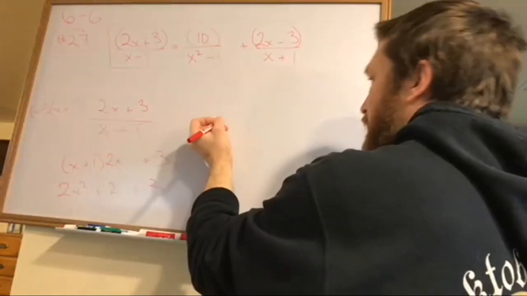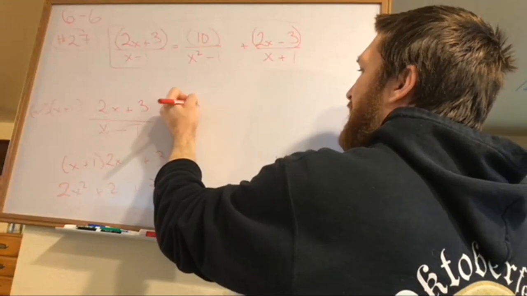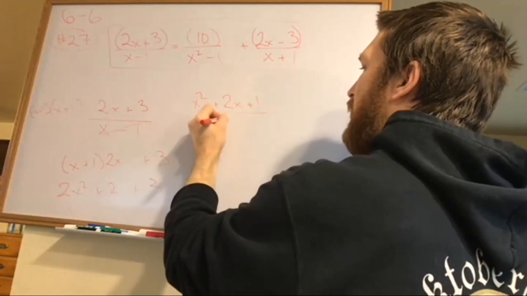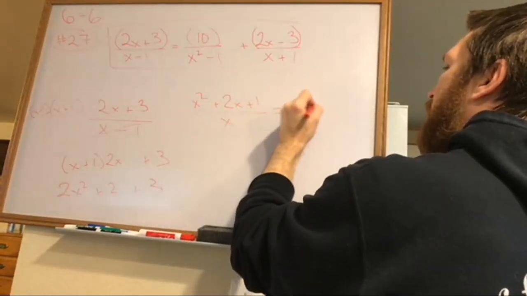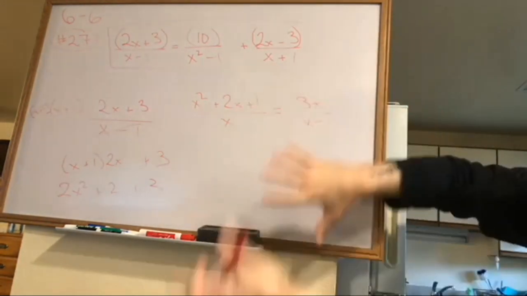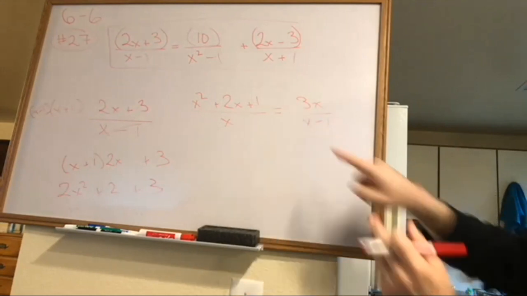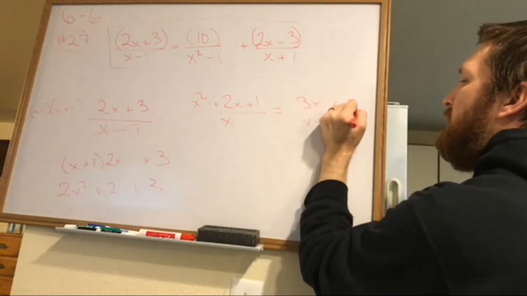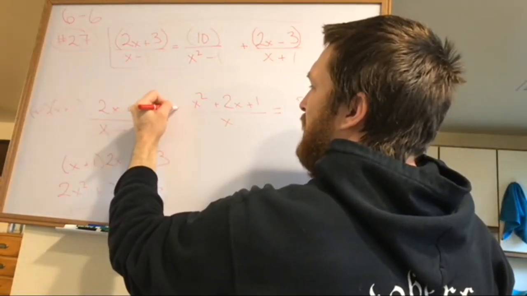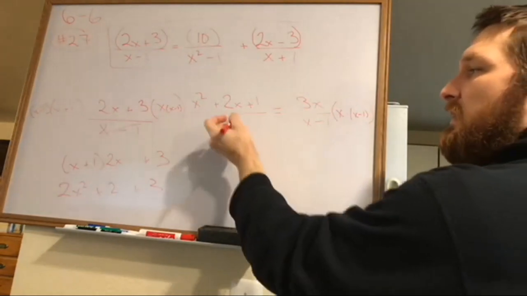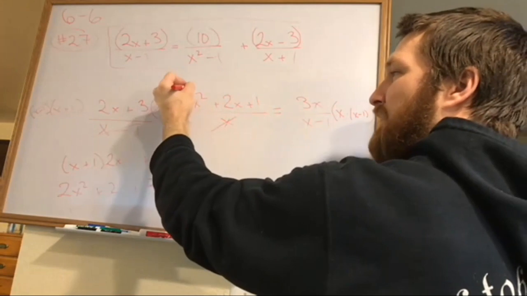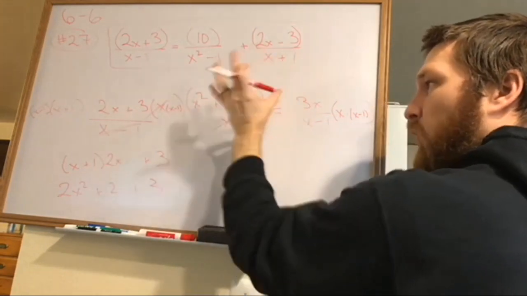So just to really drive home the point, if I had something like x squared plus 2x plus 1 over x equals, how about 3x over x minus 1? I'd say, okay, in order to kill the denominators, I need to multiply by an x and an x minus 1. And so I go x times x minus 1 on both sides, x times x minus 1 on both sides. And over here, the x's cancel. And now this entire thing that's up there has to be considered as one thing.